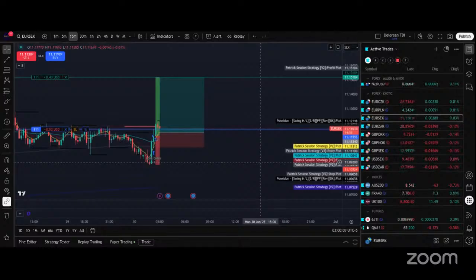Normally it takes about 3 minutes for TradingView to get through all the assets that we do trade.